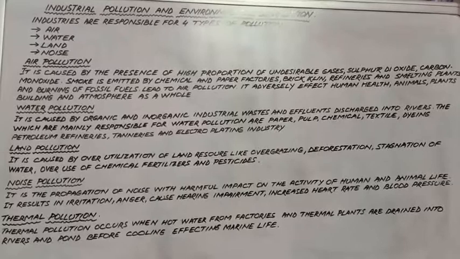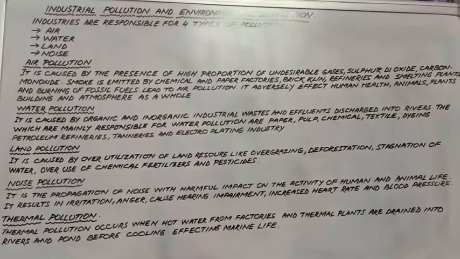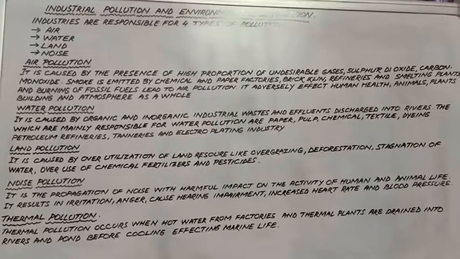Then we come to noise pollution. It is the propagation of noise with harmful impact on the activity of human and animal life. Very few of us think of noise pollution, but it is a very dangerous thing.